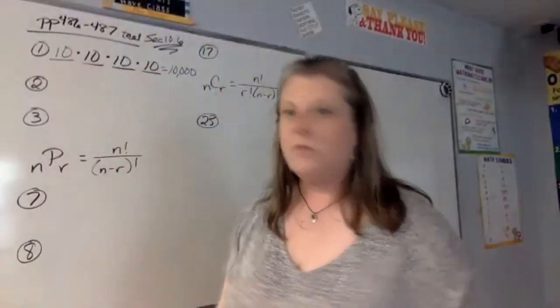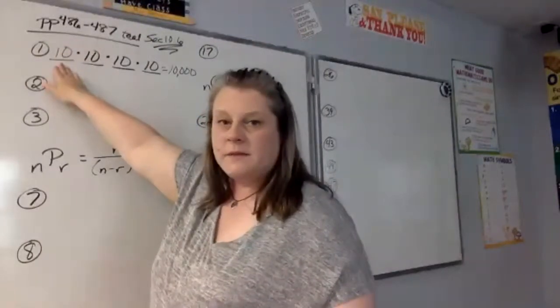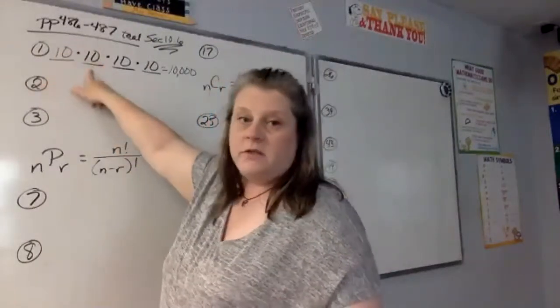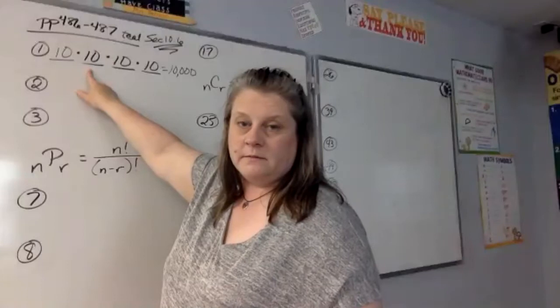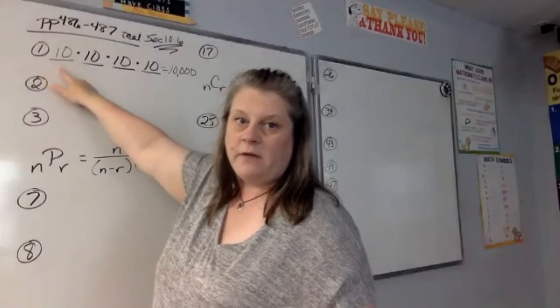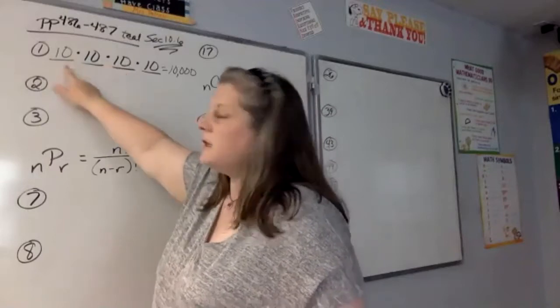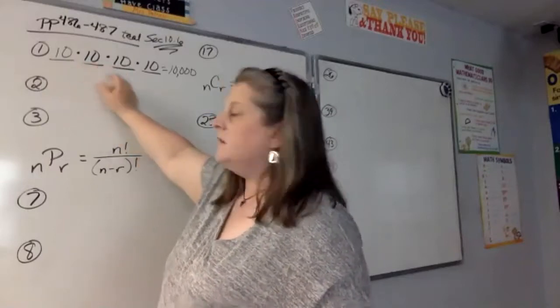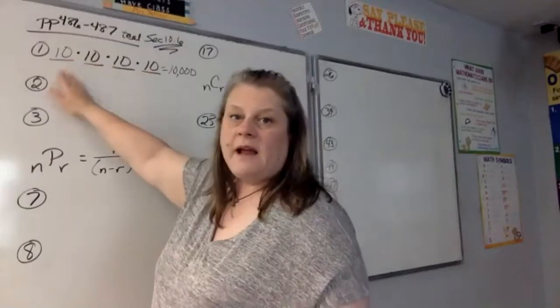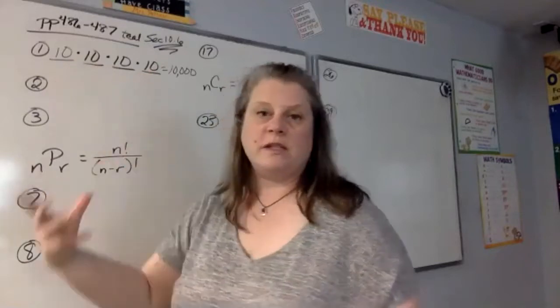No. I would only have 10 choices for this one. I would have 9 choices for this one because I couldn't use this number again, whatever it was. I would have 8 choices for this one because I couldn't use either one of these numbers again. And 7 for this one. So it would have to count down each time because you couldn't use the same number.